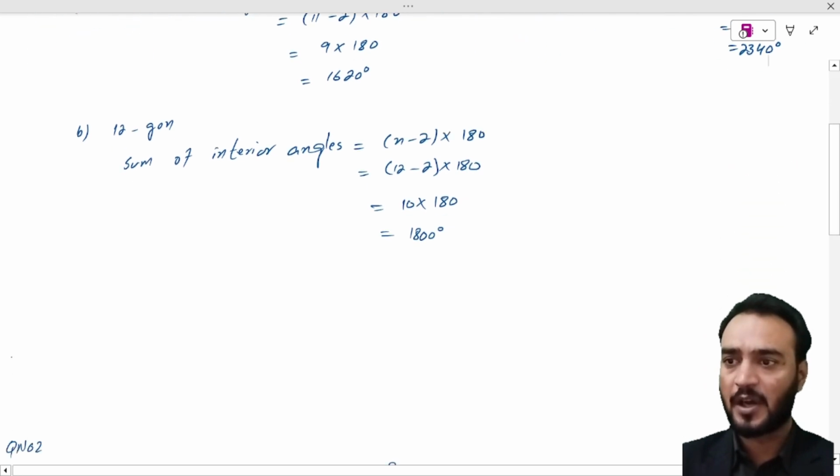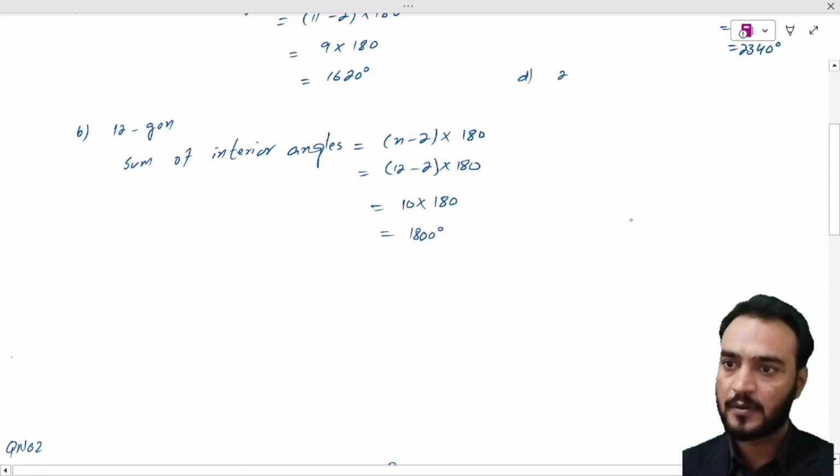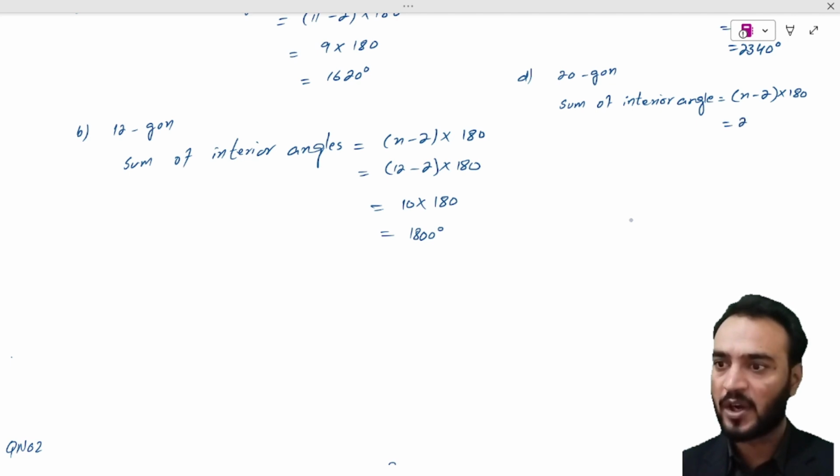And now the part D is 20-gon. Sum of interior angles is equals to n minus 2 times 180. We put the value of n equals to 20 because we have 20-gon, the polygon with 20 sides.